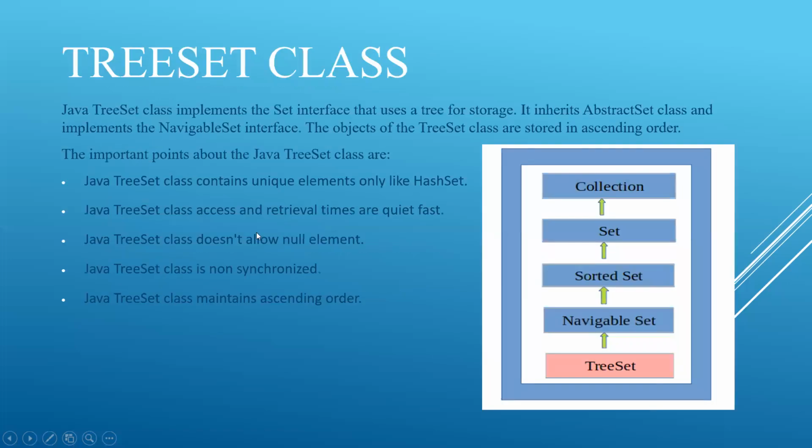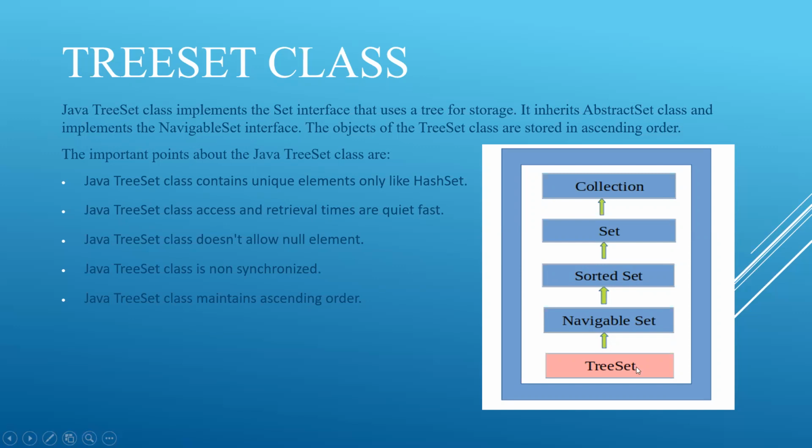The next class is the tree set class. Here, tree set is a class which is implemented from the navigable set interface, which is implemented from the sorted set. The difference between set and sorted set is set will store the elements, but sorted set will store the elements in the ascending order.